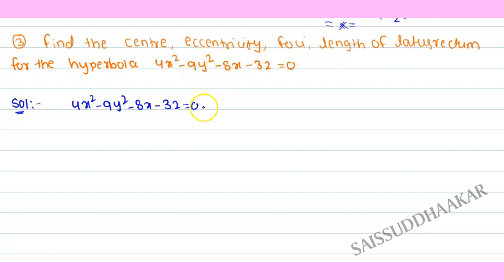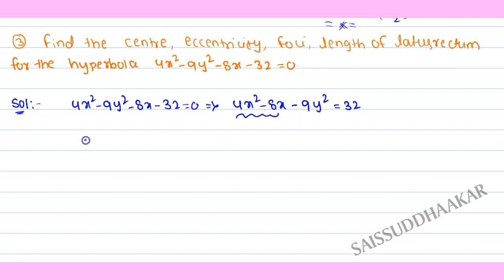So here I am taking the similar terms adjacent. That is nothing but here 4x square minus 8x, I am taking x terms. Next, minus 9y square, only y square term is there, and 32 I am taking to the right side. So here 4x square minus 8x, we are taking the common x square coefficient.